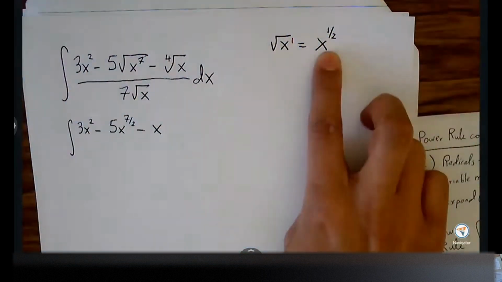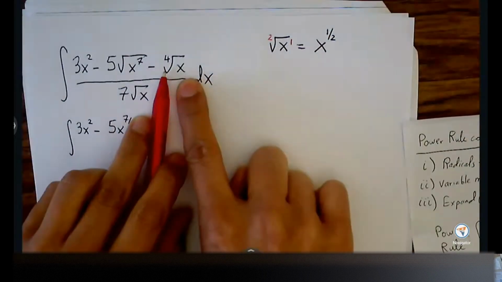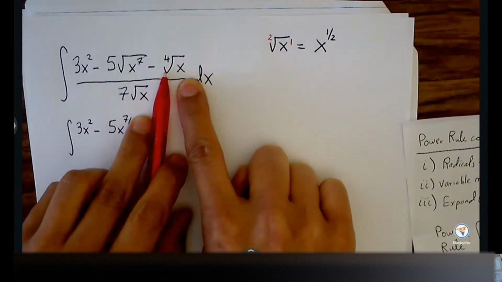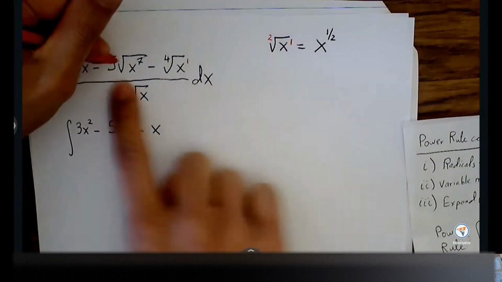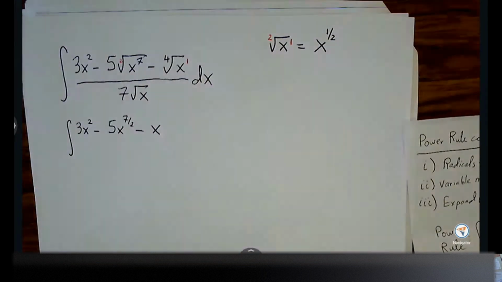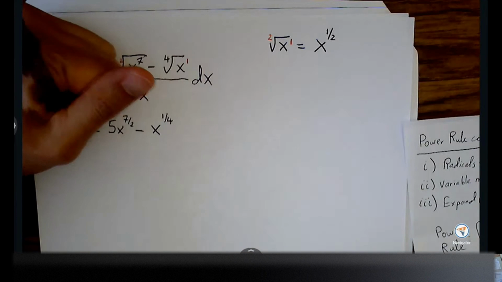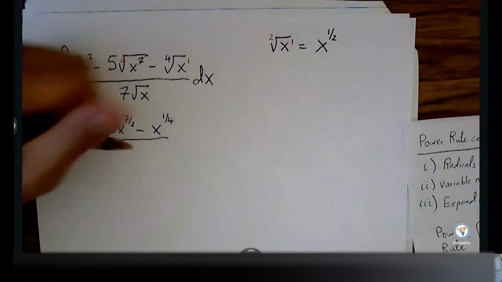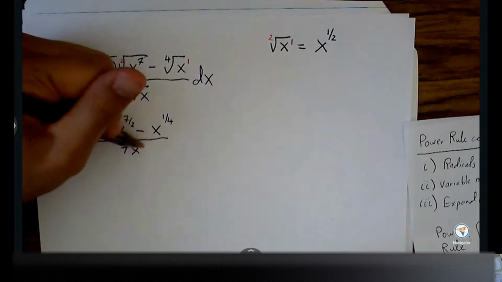Yeah. There we go. So if you don't see a number to the right, it's 4. If you don't see a number to the left, it's a 2. That's how it's a 7/2, and that's how it's 1/4. And the denominator is 7x to the 1/2.